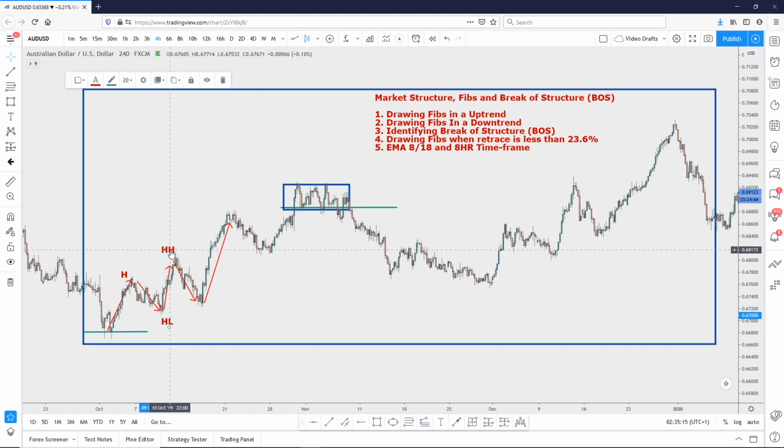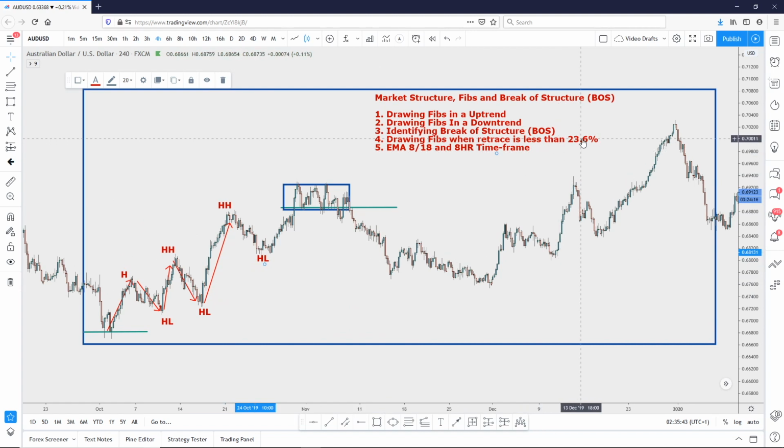I just want to remind you, you can click on it, and on your keyboard, press Control-C to copy and then Control-V to paste. So you can quickly copy and paste, just to help you speed up your drawings. So it's making a high, then a higher low, then a higher high, higher low, then a higher high. And then this is another higher low.